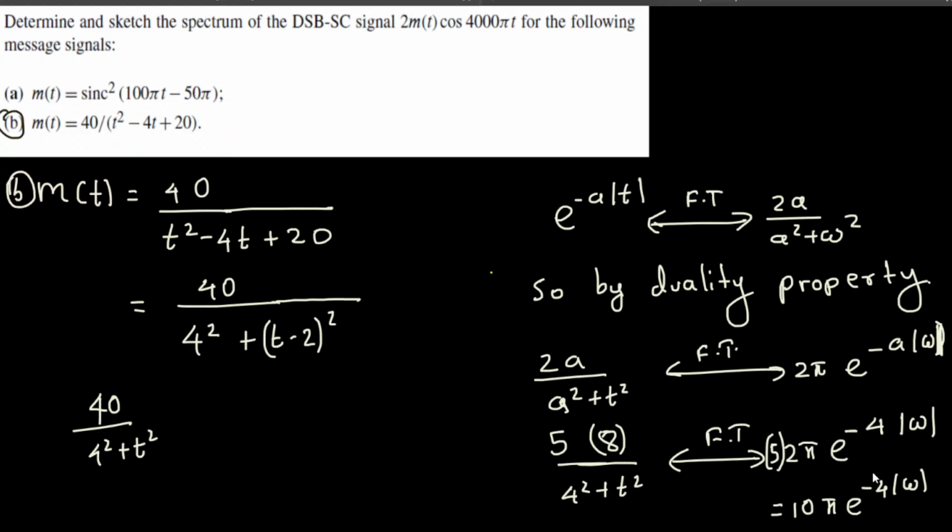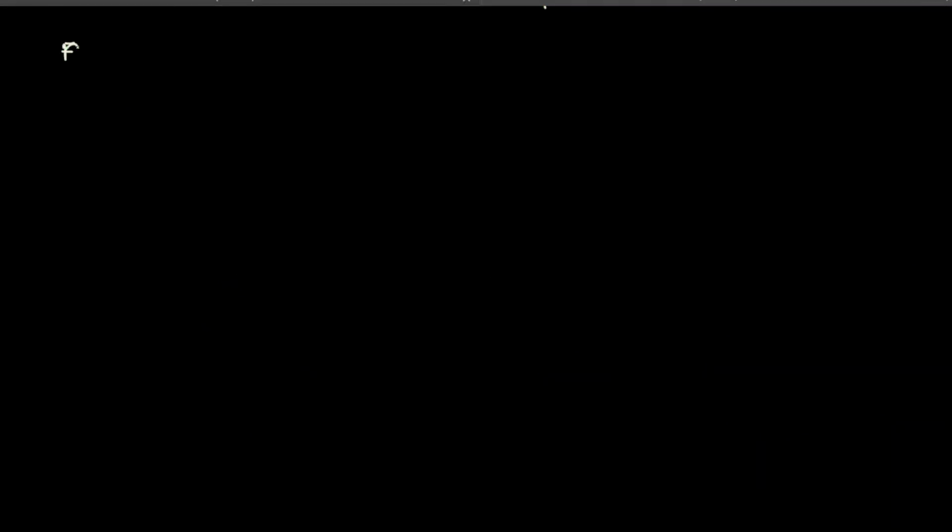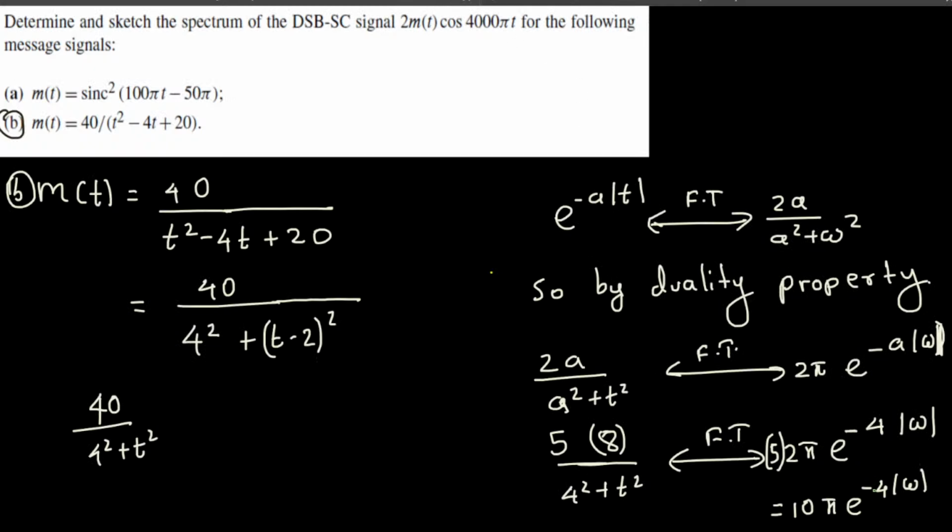So this is what we derive at the end, and instead of omega you can put 2 pi f as well, because omega is equal to 2 pi f. If you do that, then let's look at the next page. So M of f becomes 10 pi e power minus, here we have minus 4 right now.